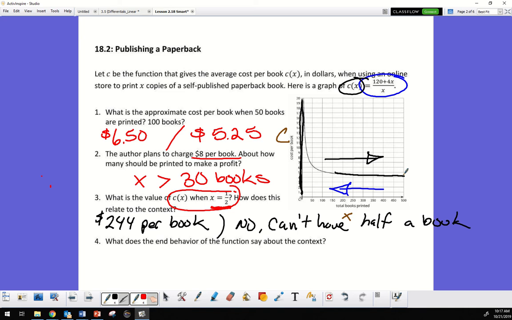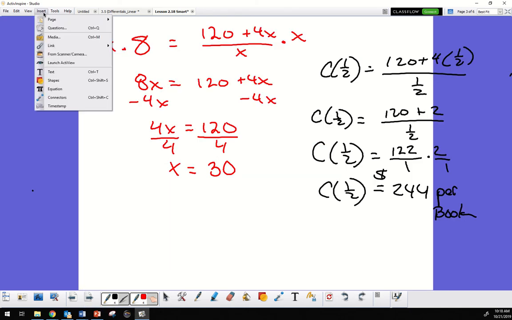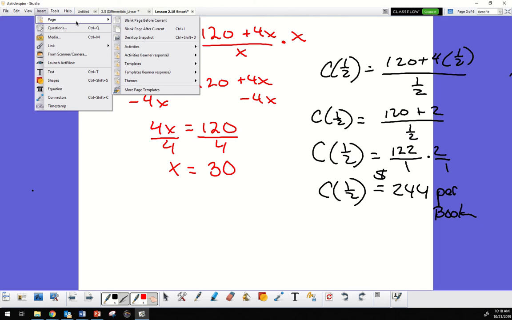And I'm going to show you how that works out. So it works out like this.